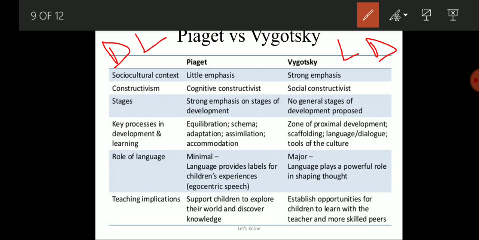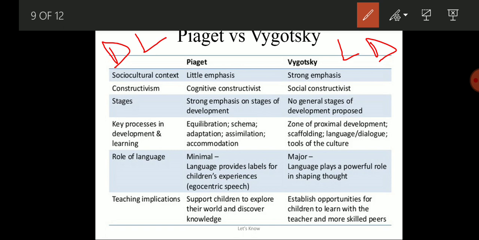Accommodation is when we apply that particular schema and accommodate ourselves. Our previous concept was that concept, and now we have gathered some new information and we have changed our concept. This is accommodation. And adaptation is the next step: when assimilation occurs, results in accommodation, and accommodation is completed, then we are adapted to that particular situation.